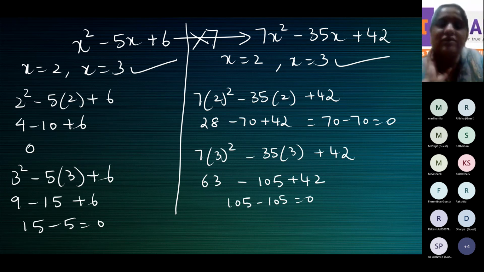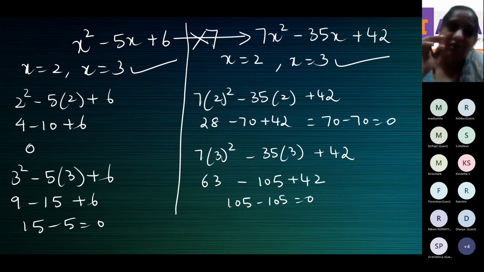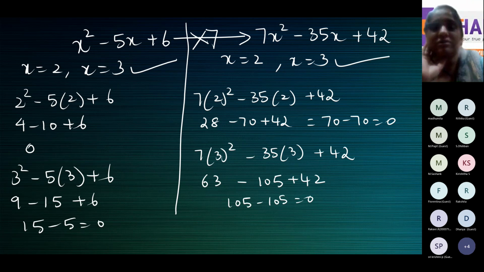X square minus 5x plus 6 is a polynomial whose zeros are 2 and 3. Now multiply x square minus 5x plus 6 by any non-zero real number, and use the same values 2 and 3 for x there also. The value of that polynomial also will be 0.